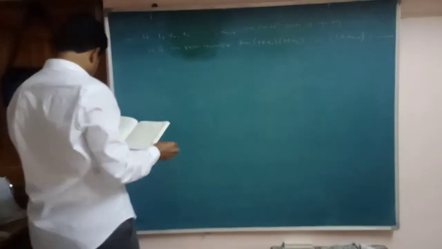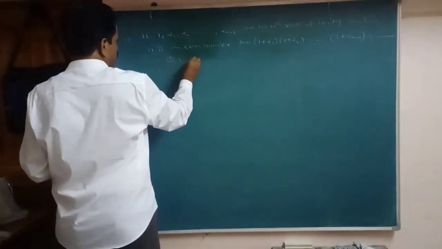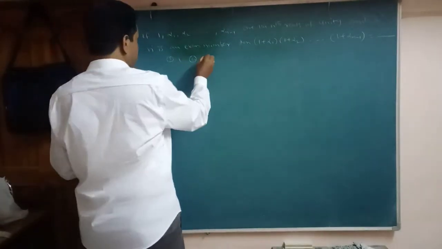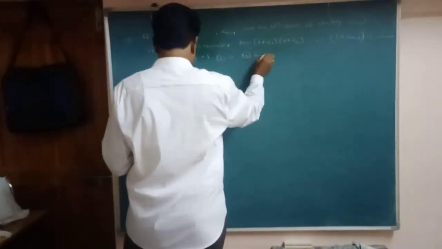So first one is 1 and second one is minus 1, third one is 0, fourth one is 2.